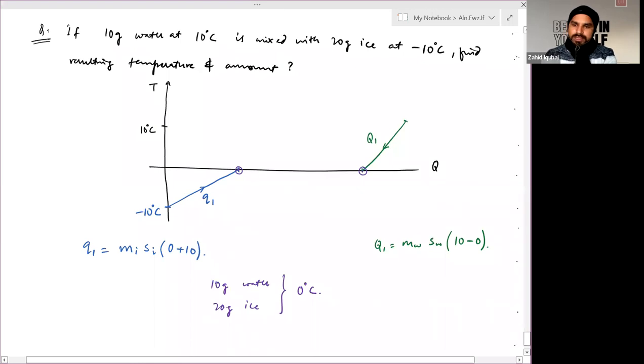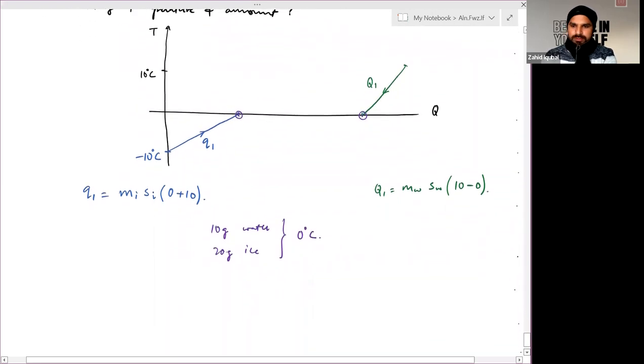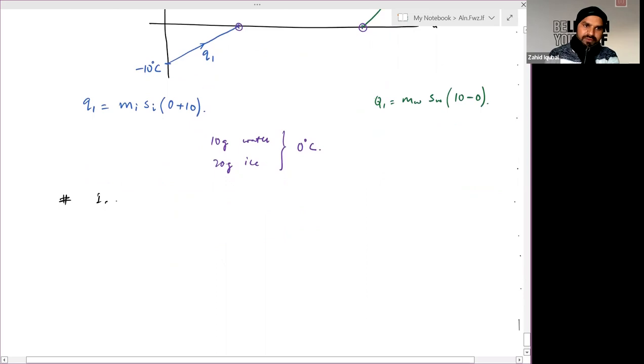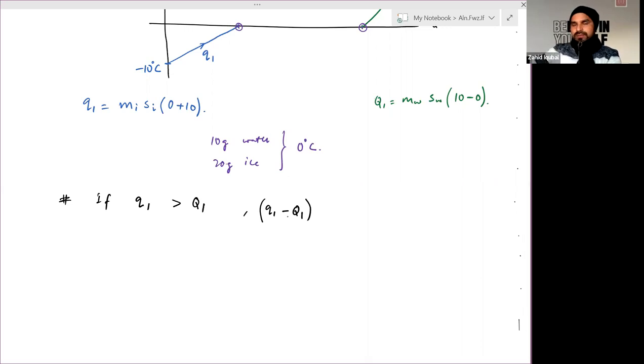Okay. Now, related to this part, there will be two different possibilities. First, suppose small q1 is greater as compared to capital Q1. Small q is basically cold energy. So the difference of these two terms, that is small q1 minus capital Q1, will be the amount of cold energy left out in this particular system, which will tend to freeze some amount of water from 0 degrees Celsius water to 0 degrees Celsius ice.